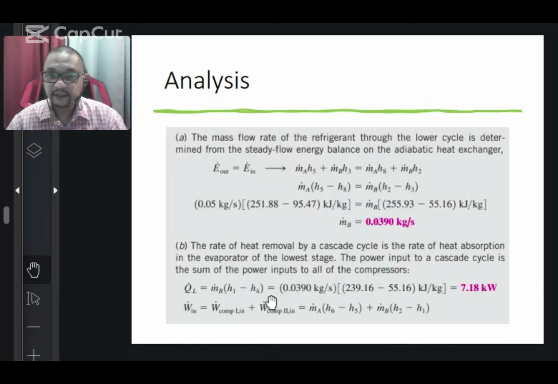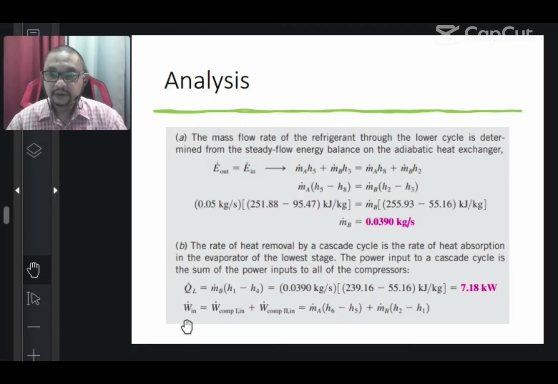So from there, putting in the value of m dot B and also enthalpy at state 1 and enthalpy at state 4, you will get Q dot L equal to 7.18 kilowatt.